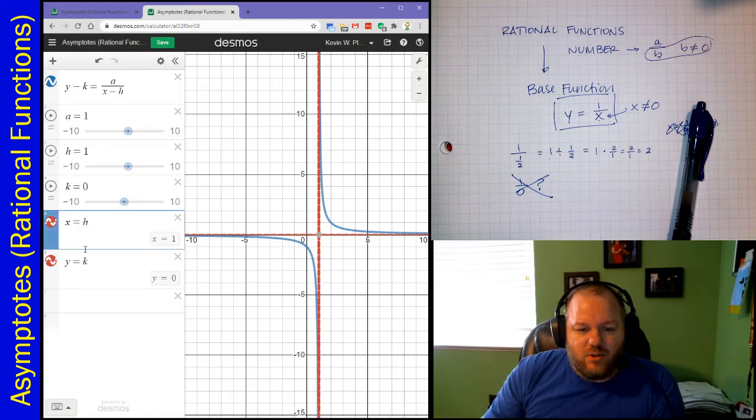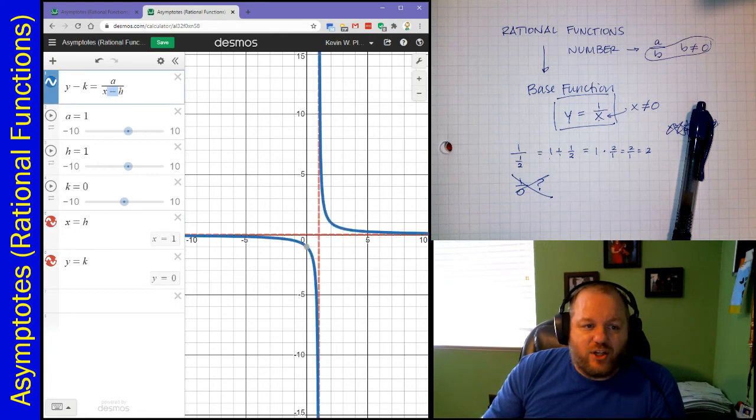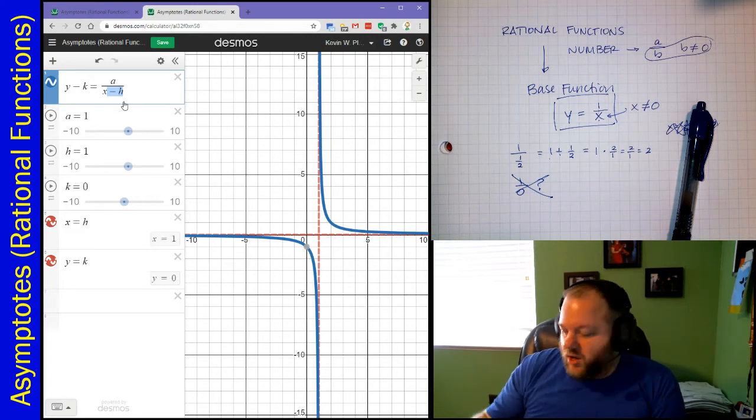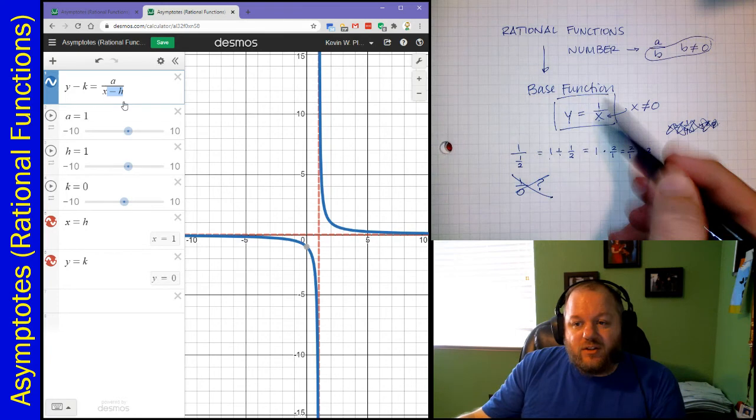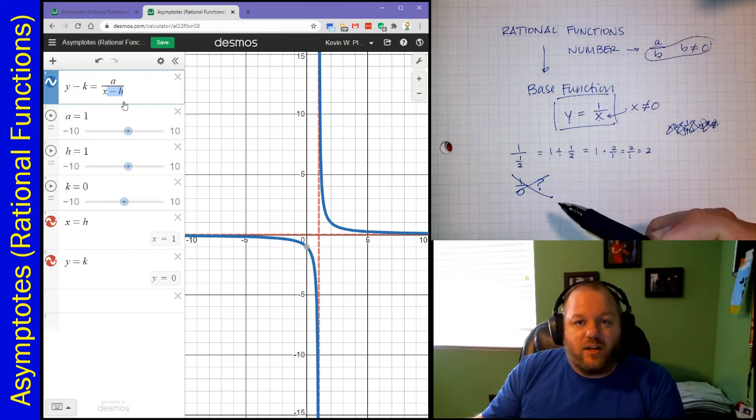That's what that asymptote is right there. X equals h. And the reason it's minus h is because you have to subtract h from every x value in the table before you can take its reciprocal for the function.